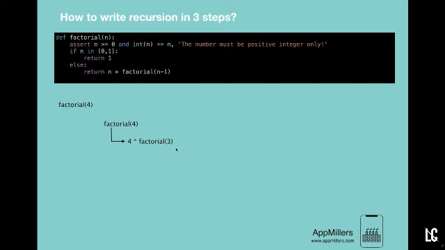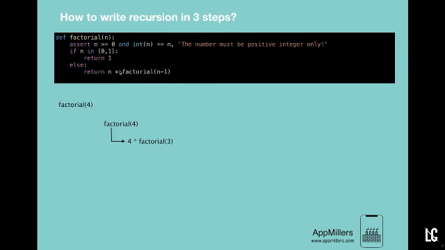So the controller once again goes to the first line. Here again we check whether 3 is greater than 0 and if it is an integer number. And we see that all cases are okay here. So we continue to the next if condition. Here we see that n, which is 3, is not 0 or 1. So the controller will continue to the else condition.